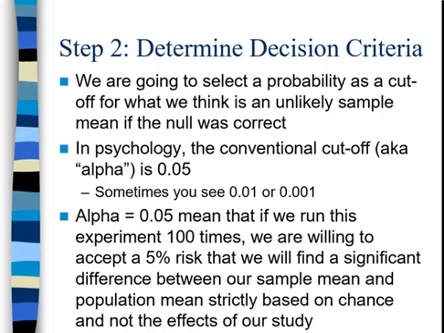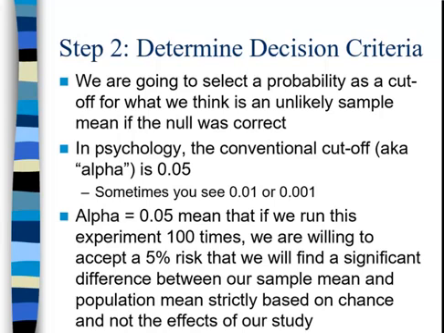And so when we set our alpha at 0.05, what we're essentially accepting is that if we were to run this experiment 100 times, and every time we ran it we took a new sample from the population, we're willing to accept a 5% risk that we're going to end up getting a significant difference between our sample mean and our population mean strictly based on random chance, based on dumb luck, based on selecting a sample from the tails of our distribution, an unlikely sample.